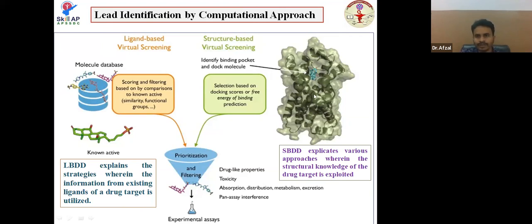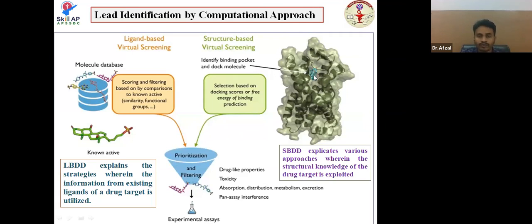We know the active binding site or the pocket, and we will look into the chemistry of the pocket site. Based upon the chemistry of the active site, we will design our molecule, dock it into the pocket, and see if it is fitting properly and has the ability to inhibit or not. Based on that, we will prepare a series of derivatives and see which compound is better.